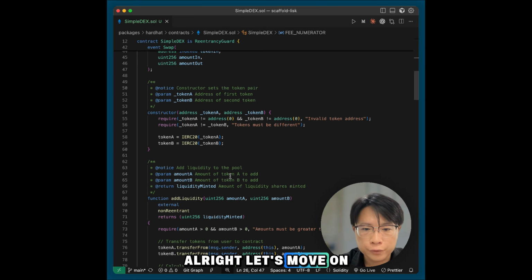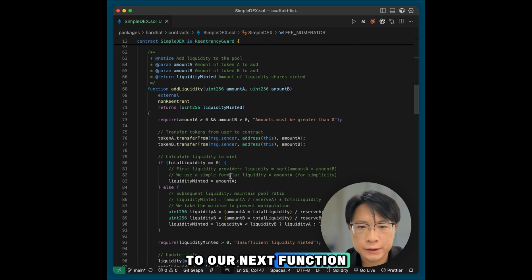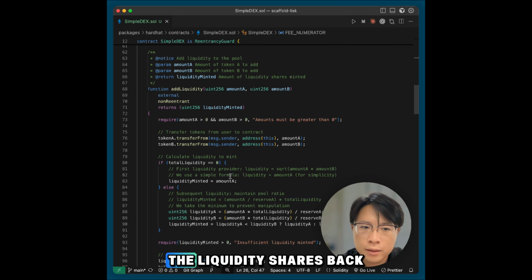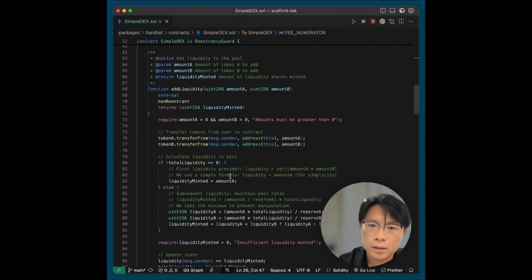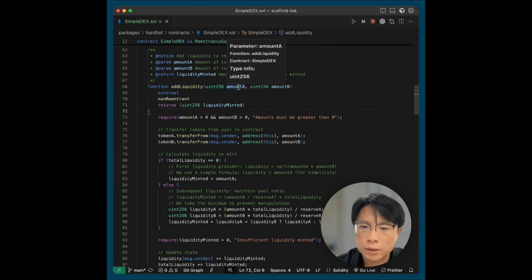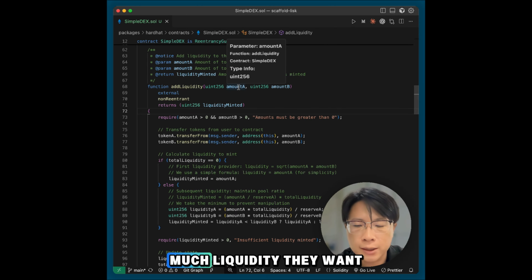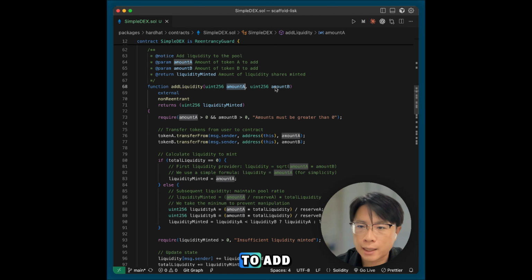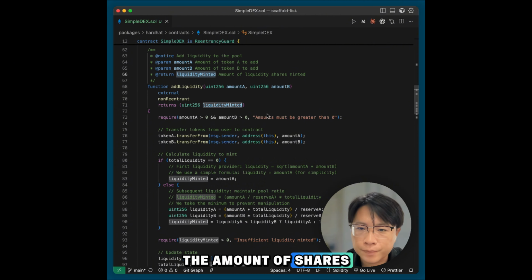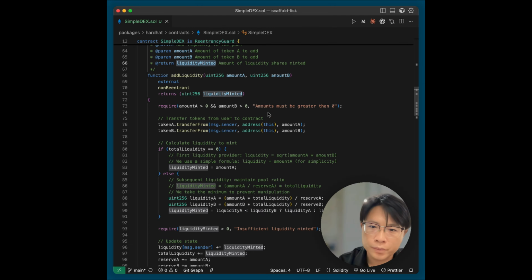All right, let's move on to our next function. We have the liquidity functions, where people deposit tokens and receive liquidity shares back. Here, people can decide how much liquidity they want to add, and it returns the amount of shares they will get back.